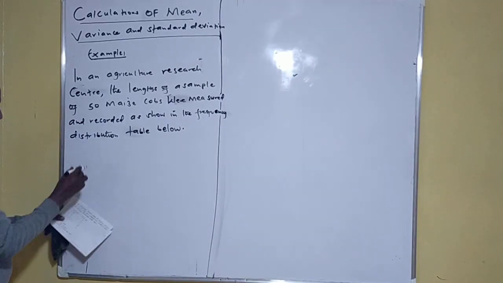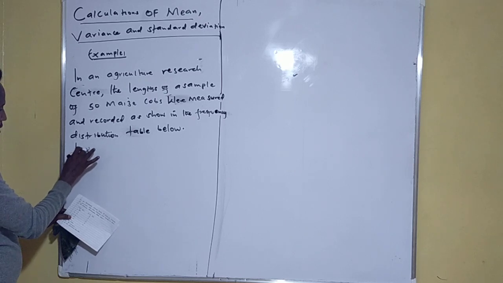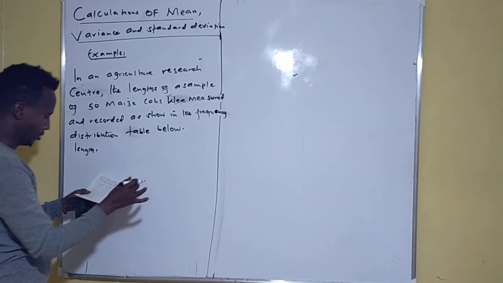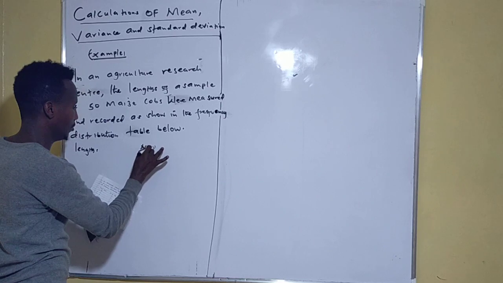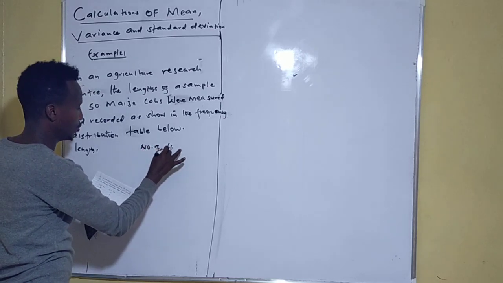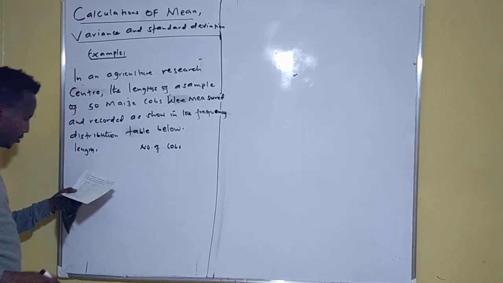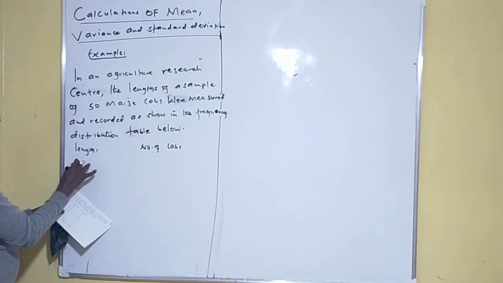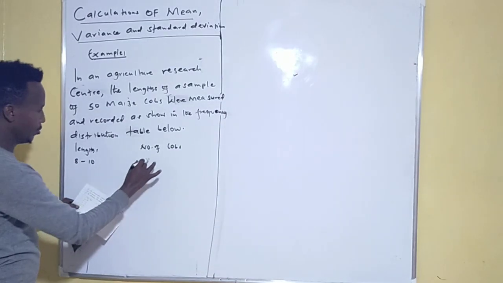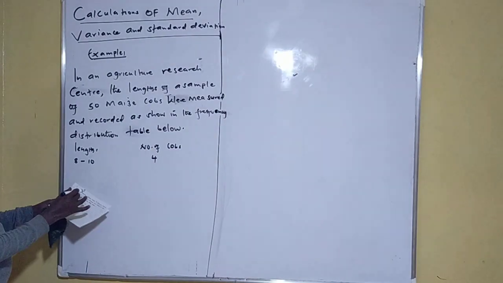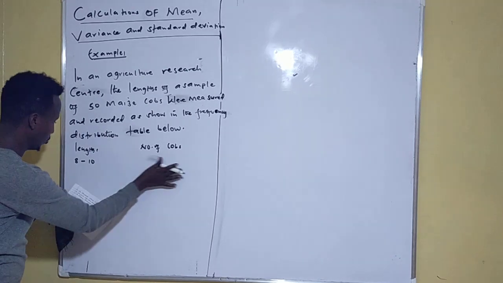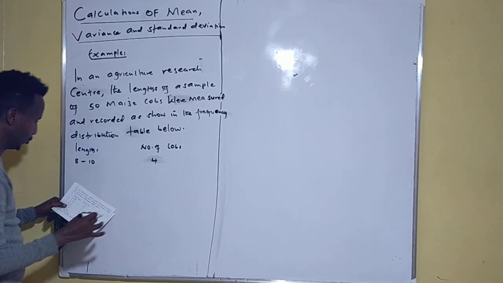So here we have length, then we have number of maize cobs. Then we have 8 to 10, we have 4 against that. It should be straight this way, just right here, 4.